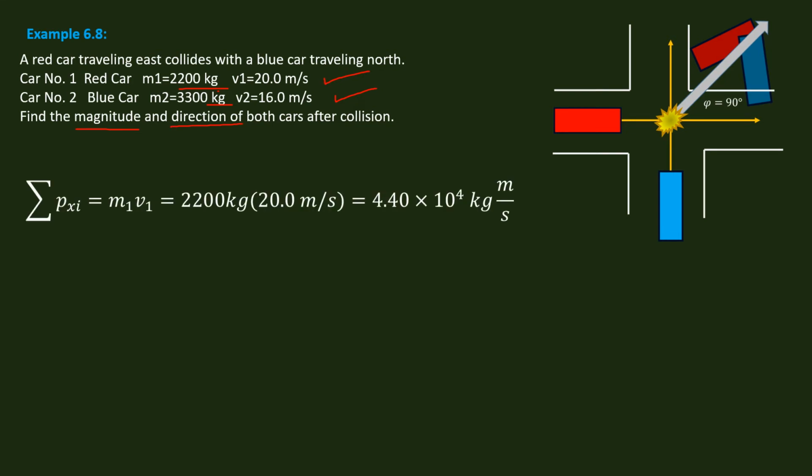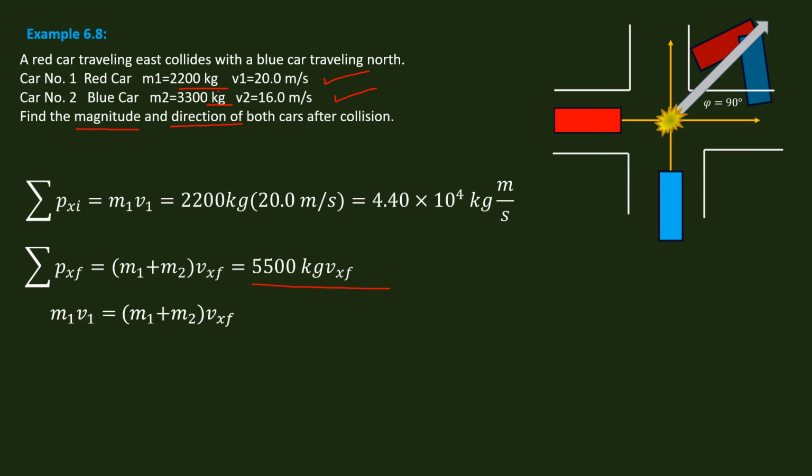So the first thing you want to do is make a summation of the x momentum, the initial. The second thing you want to do is make an expression for the x momentum final. You're going to equate those two, and then you're going to get this expression, and you're going to solve for Vxf.